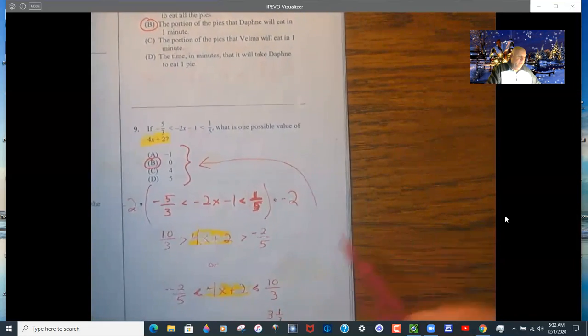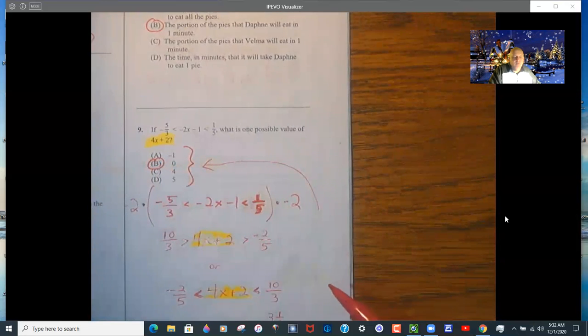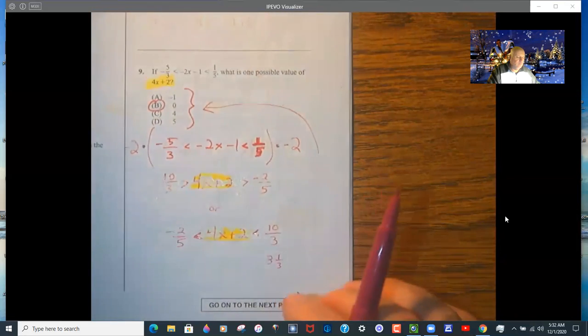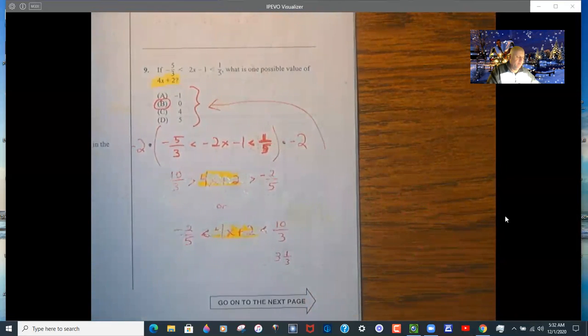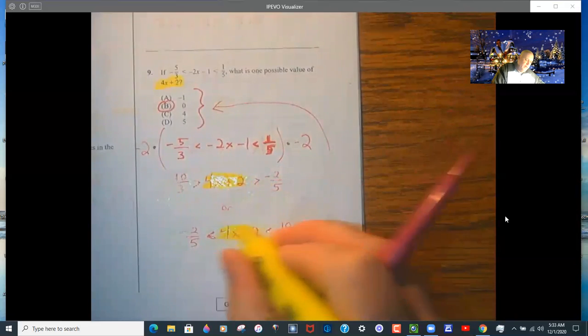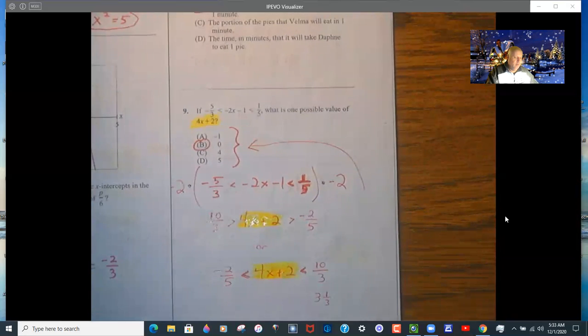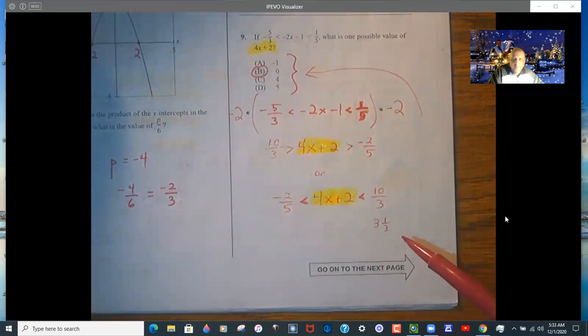Okay, problem 9. What is one possible value of 4x plus 2? So this is a little bit hard to read. So my highlighter didn't go through. So we want to try to get 4x plus 2 alone by itself in the middle.